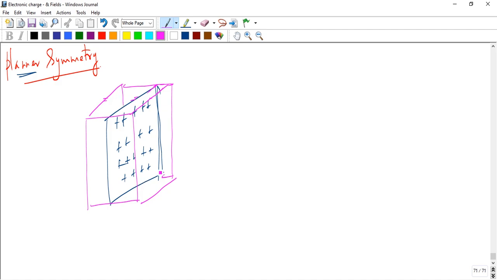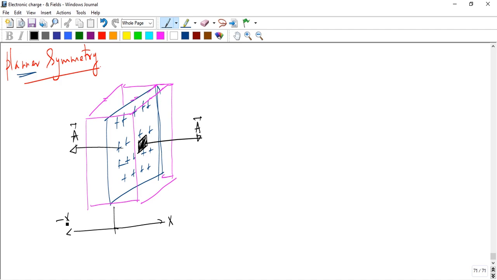This pink colored surface is the Gaussian surface. This surface encloses the charge sheet, the thin sheet. Here I choose a small surface with its area vector in that direction. Similarly, for the thin sheet, the area vector is also in the opposite direction behind the sheet. That is the plus x direction, and here the minus x direction.